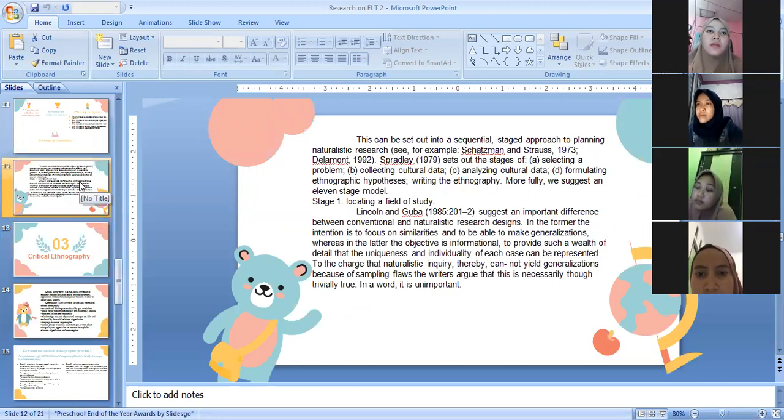This can be set out into a sequential stage approach to planning naturalistic research.